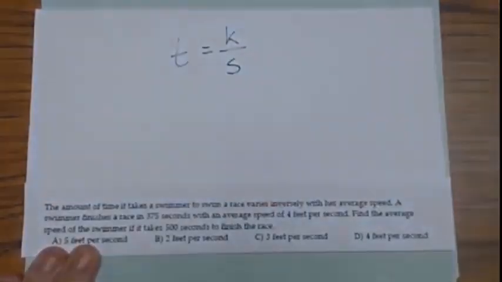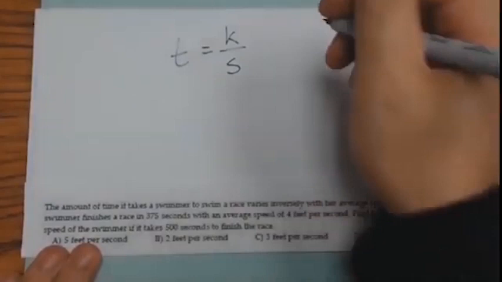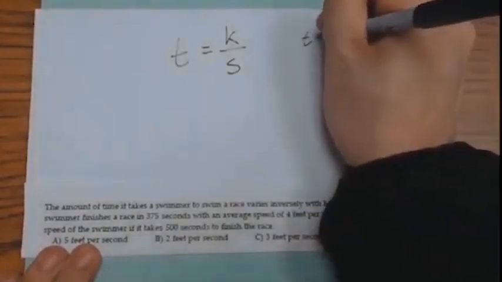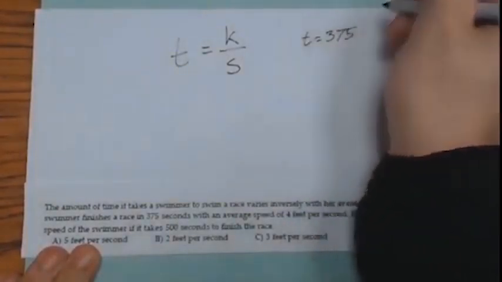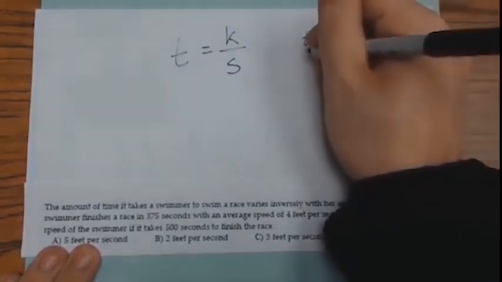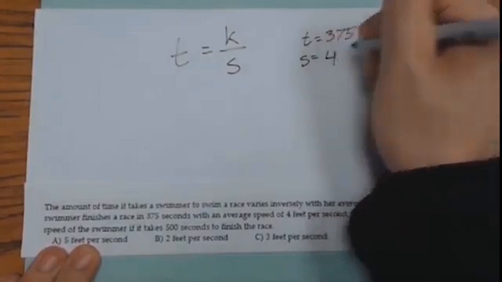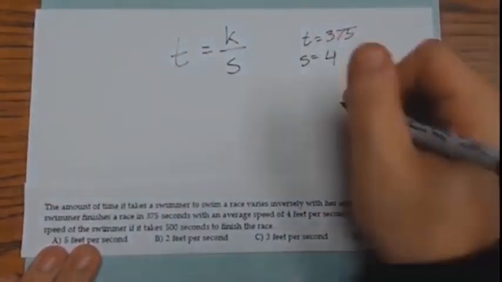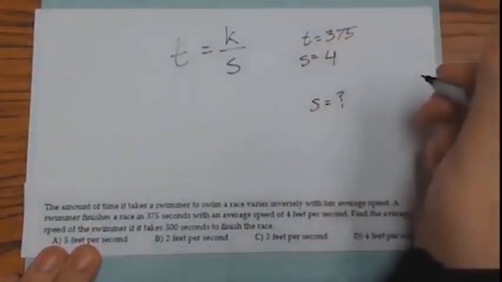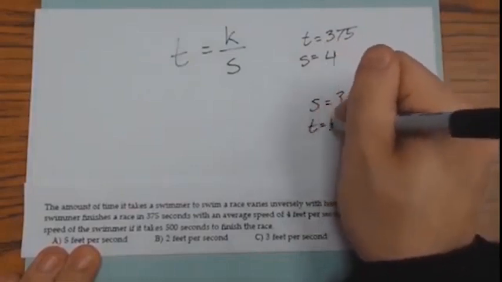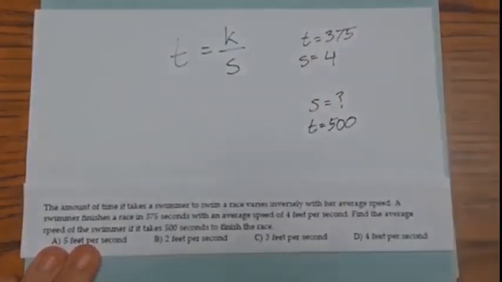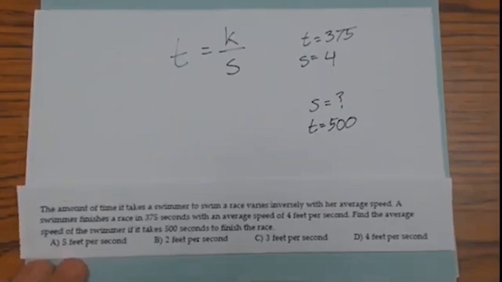So when t is 375, the speed is 4 feet per second. We want to find the speed when the time is 500. So another word problem, but we pull out the same information.